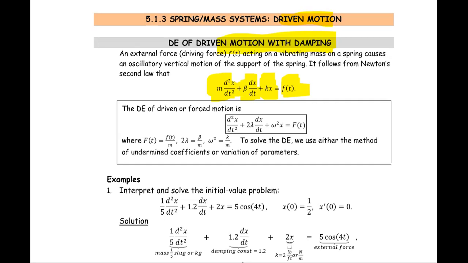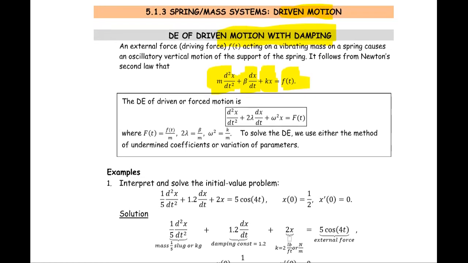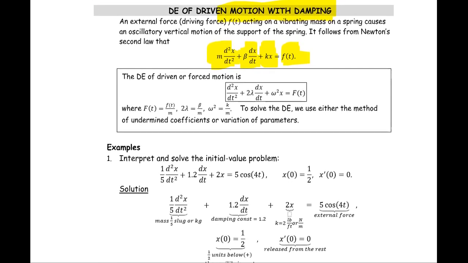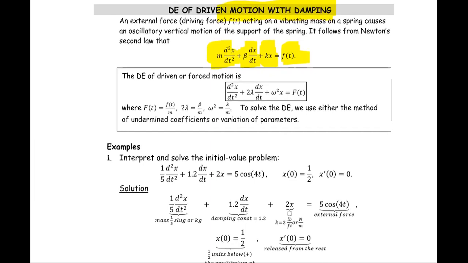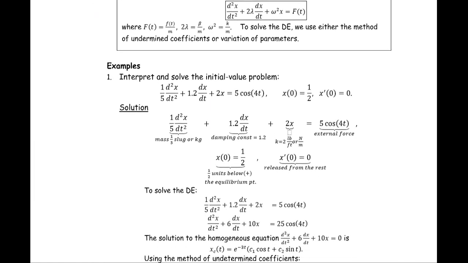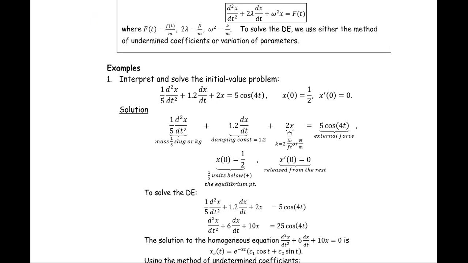In this case, for the solution, you have to find the complementary solution and the particular solution as you solve the non-homogeneous equation. The force here, for the typical oscillation case, is like this. For example, let me draw it.